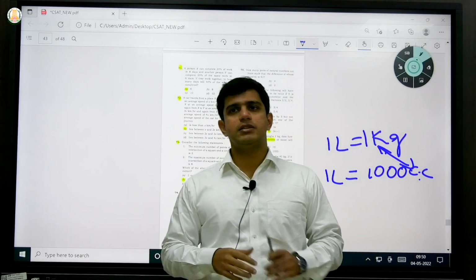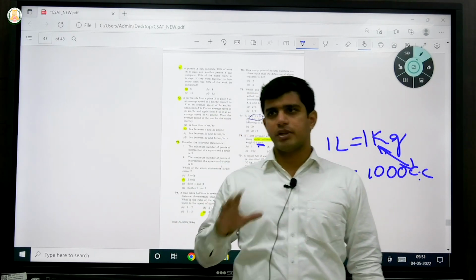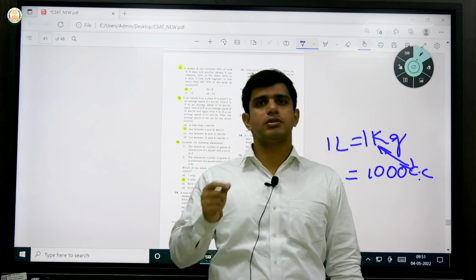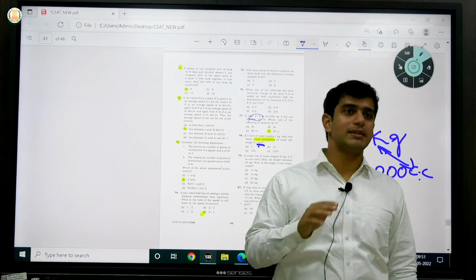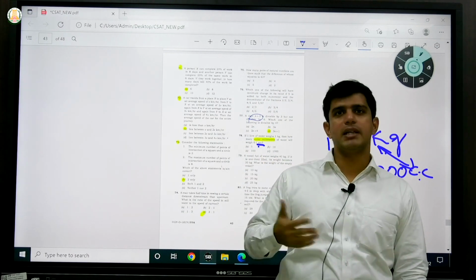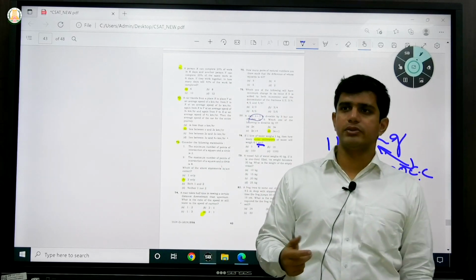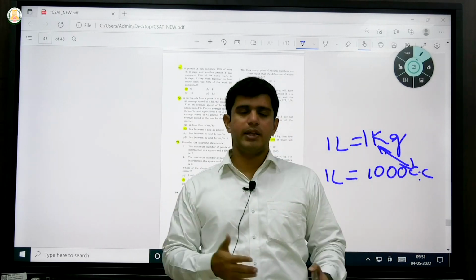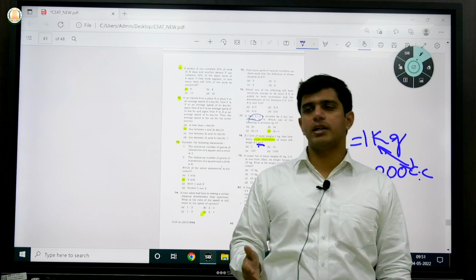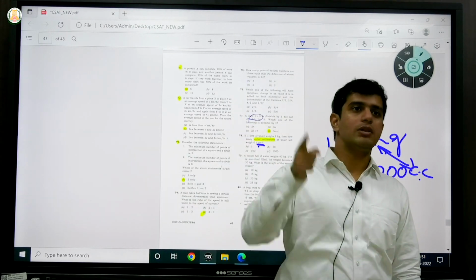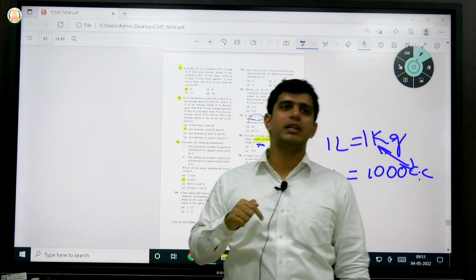Another suggestion is, whenever you solve a question paper, make sure you go back to the solutions, because solving is not as important as analyzing the paper and your performance. Let's say out of 100 you have attempted 70 questions, 70 are correct, 20 are wrong, and 10 you have not attempted. Go back and see what is happening with those 30 questions, and also see what happened with those 70 questions.